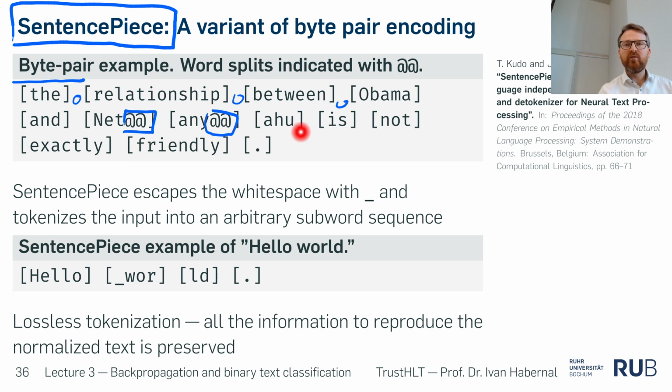So Netanyahu, which is one word, you're splitting into the subword units, and you're losing the information about the white spaces, which is bad because if you're generating text, you want to know where the white space should appear or not. So white space has to be part of the vocabulary as well, because you need to generate it. SentencePiece escapes the white spaces with an underscore and tokenizes the input into an arbitrary subword sequence, so you might end up with multiple words as one token, like New York, for example.